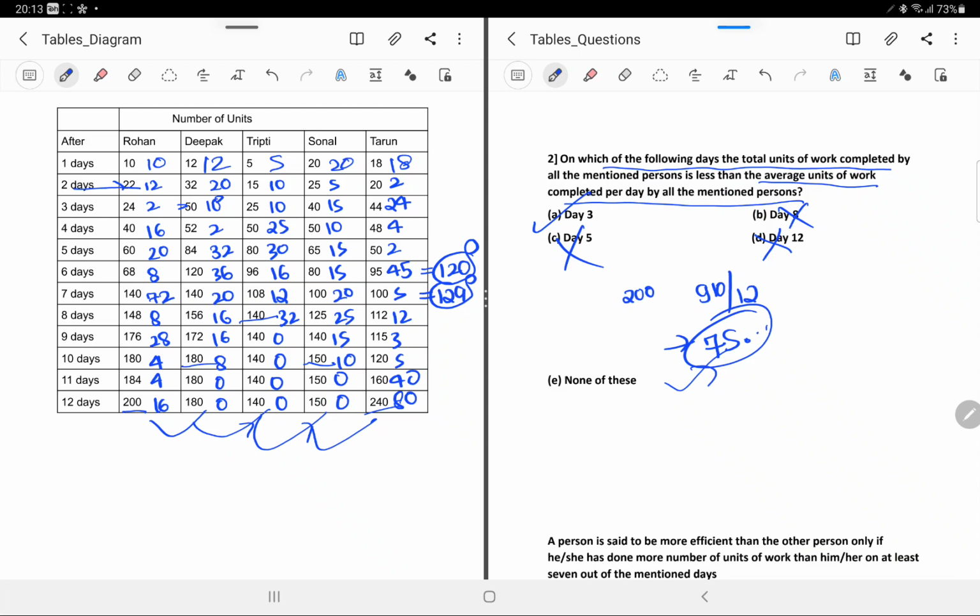And in case you had even day 3, where you had some value and even day 3 was not less, then you will have to compute for every day. See, this is the average that they are doing.